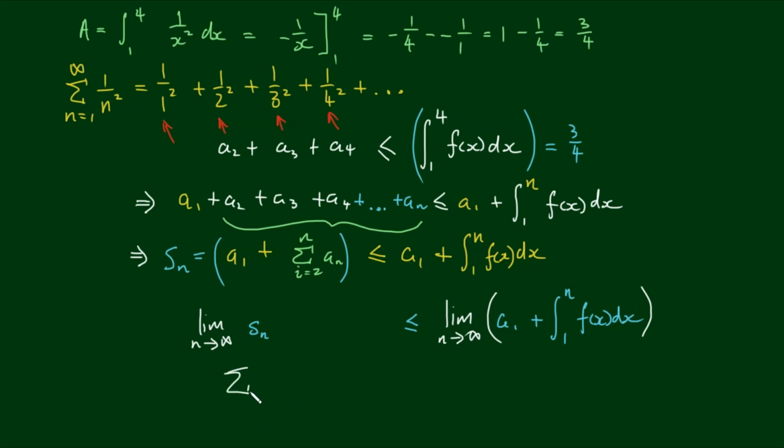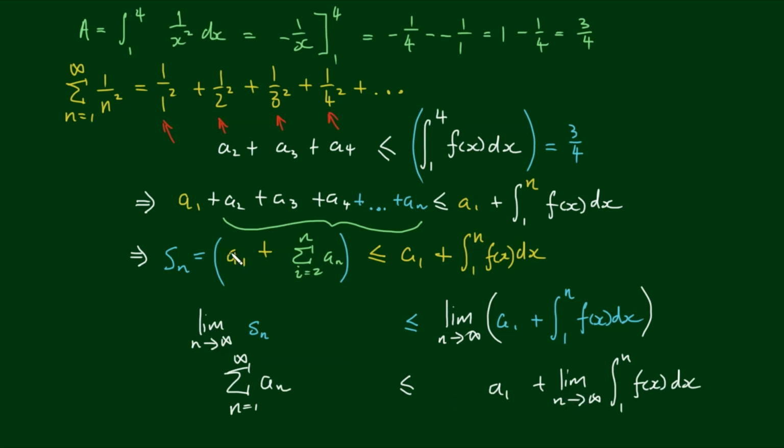So we write this as the sum from n equals 1 to infinity of all the terms, and that's less than or equal to the limit as n approaches infinity of a1 plus the limit as n approaches infinity of the integral from 1 to n of f of x dx. a1 is independent of the limit, so we can just get rid of the limit in front of that.